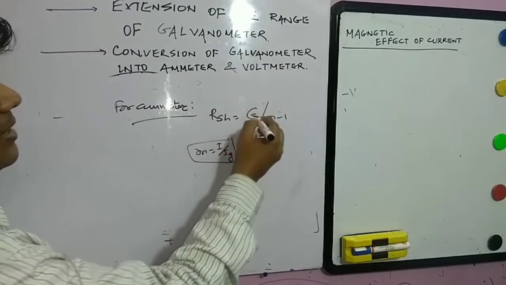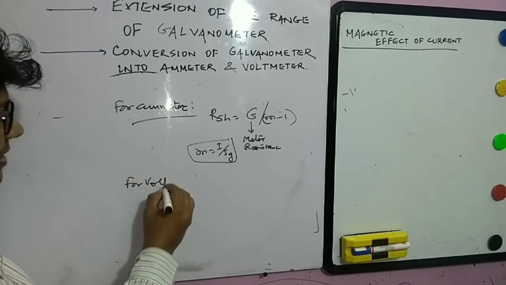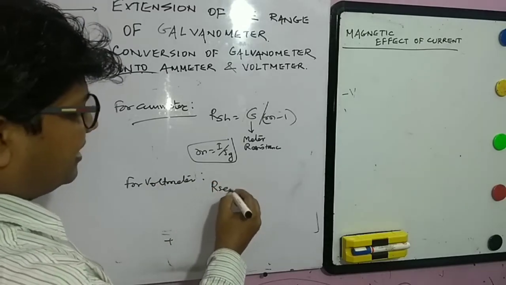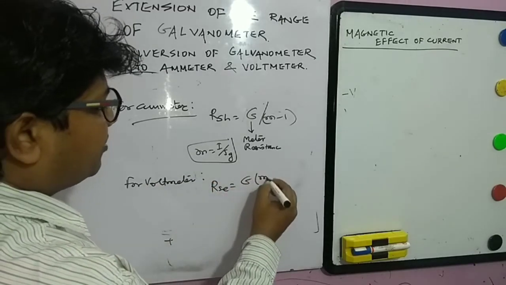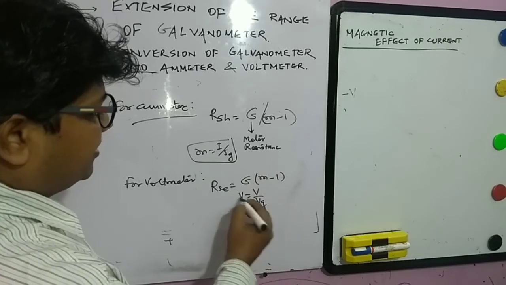So this is your ammeter. And for voltmeter, RSE is equal to G into M minus 1, and M is equal to V by Vg. That's it.